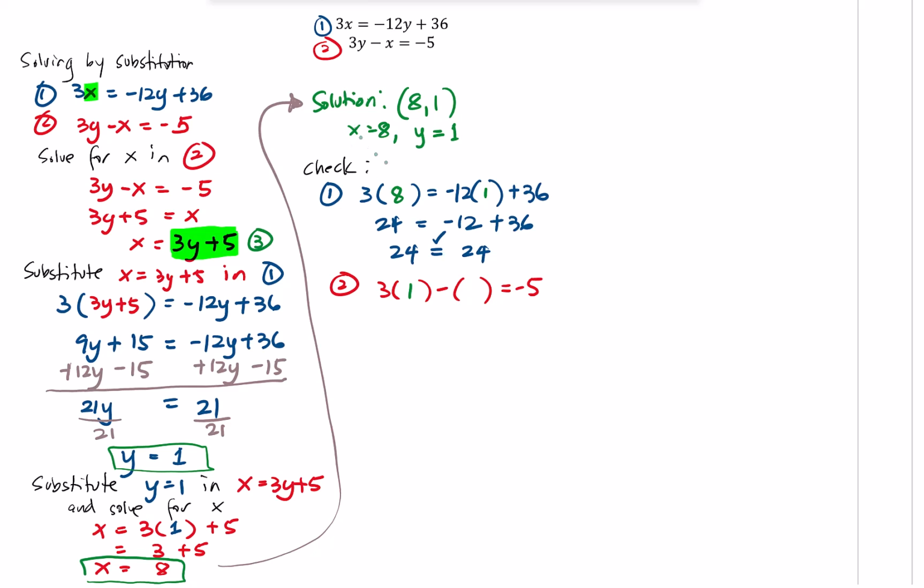So this is minus x, which is 8. Now we've got 3 minus 8 equals negative 5. So negative 5 equals negative 5. So we have just verified that our solution is definitely 8, 1.